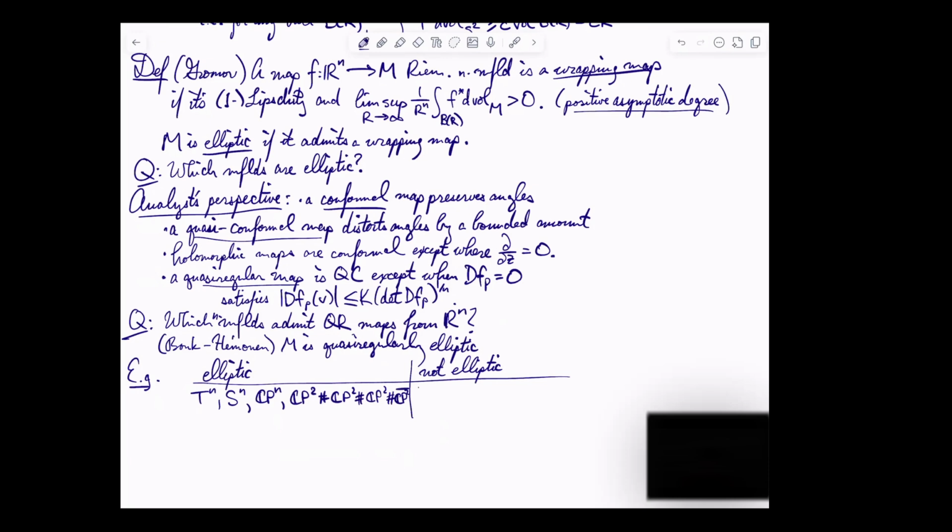But what you can't do is connect sum 4 CP2s. Another thing you can't do is take the Heisenberg manifold, so the real Heisenberg group mod the integer Heisenberg group, cross, let's say, S500. This is not going to be elliptic.